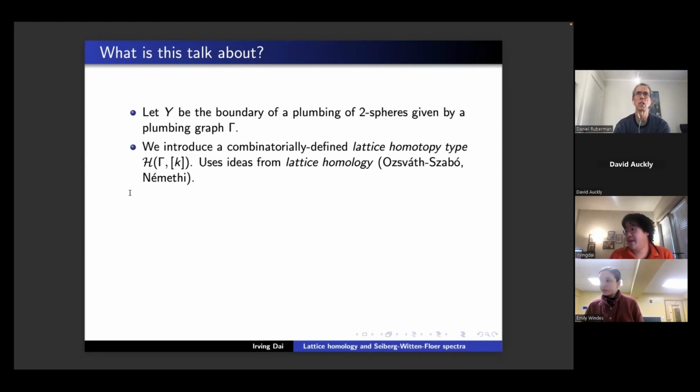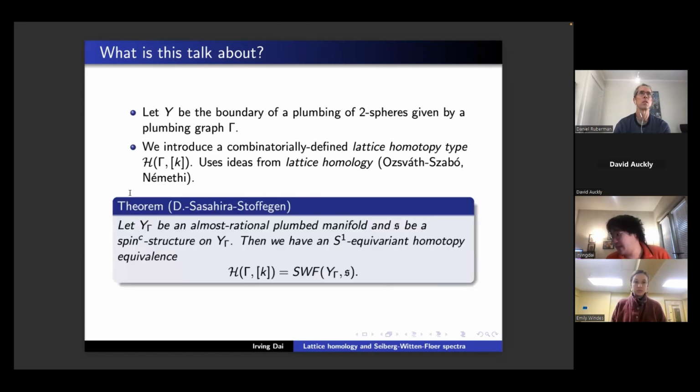we define a combinatorially constructed CW complex. What I mean by combinatorial is there's no analysis, there's no pseudo-holomorphic anything. You really just look at this graph and you write down a CW complex, okay? The construction of the CW complex is inspired by this object called lattice homology, which I'll talk about in just a moment.